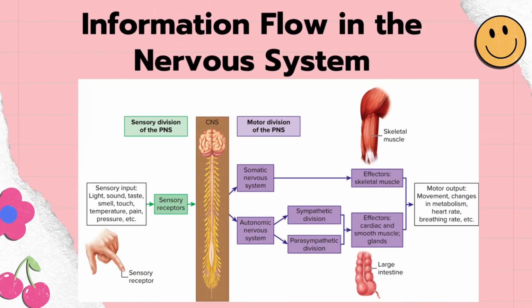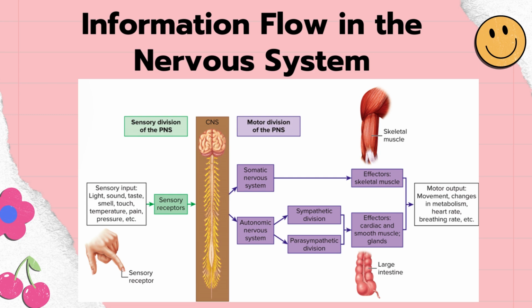This image shows the interactions of the different divisions. Beginning from the left side, sensory receptors in the sensory division of the peripheral nervous system send sensory information to the central nervous system.